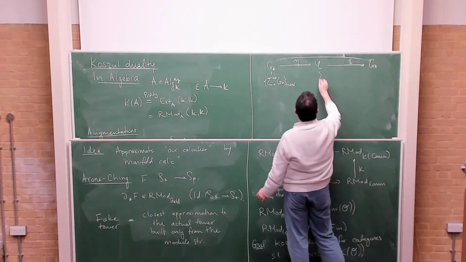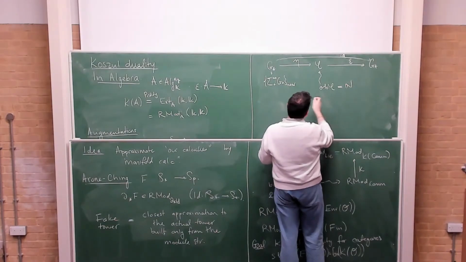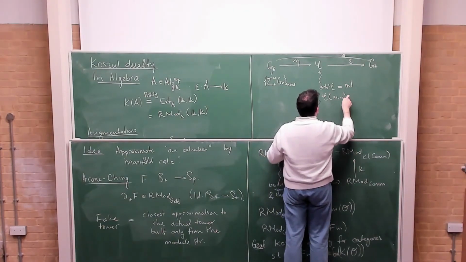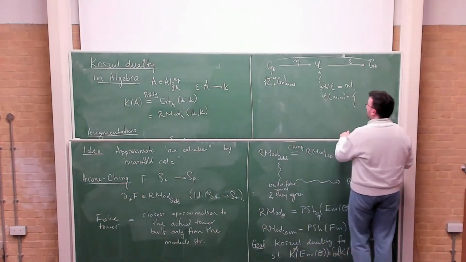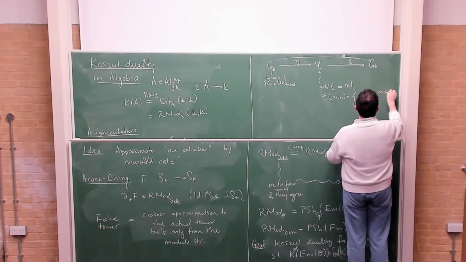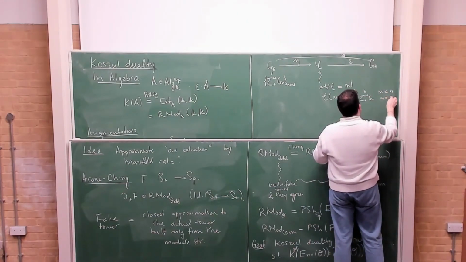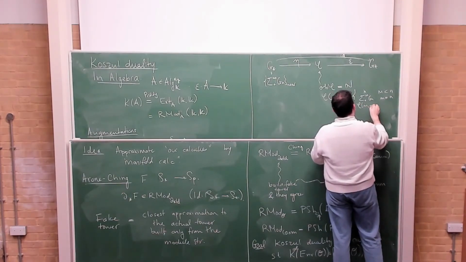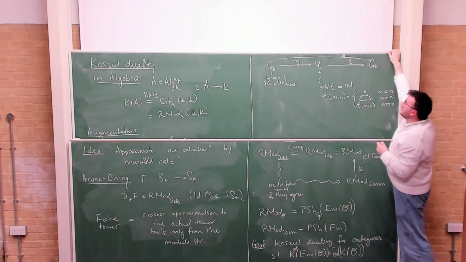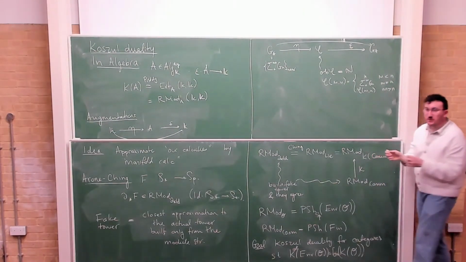So I need C to have the objects of C be the natural numbers, and what I'm going to ask for is that maps in C from m to n are a point if m is less than n, the group in the right degree if m is equal to n, and then whatever else they want to be if m is bigger. So C is spectrally enriched.